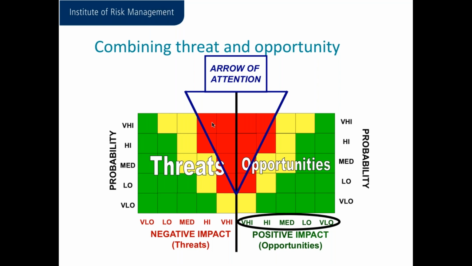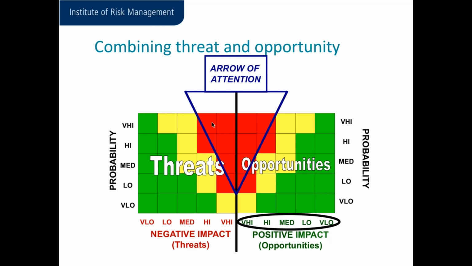But the point is, what you can do now is score your risks and plot them onto a risk register, onto your risk matrix. So this gives us an idea of the overall scoring of your risks, what I call your overall risk profile.